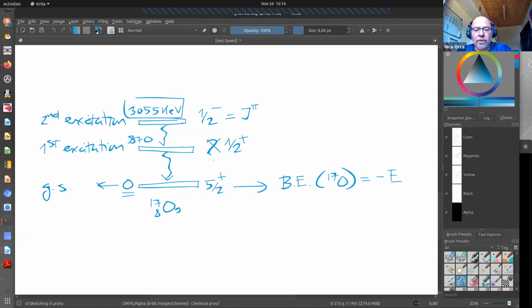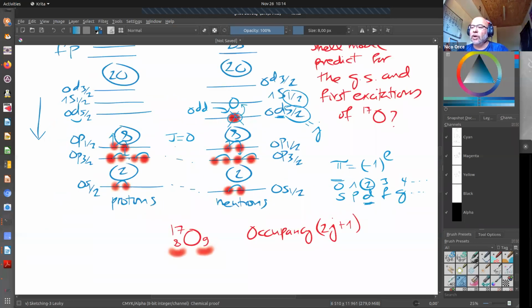And later on, we go through the multipolarities. But right now, we just want to make sure that we know what is the total angular momentum for each of the states and how we can explain it according to the shell model. So we have built our shell model. We have put every proton and neutron on its particular floor according to the Pauli principle. And now we just have this guy, we move him here.